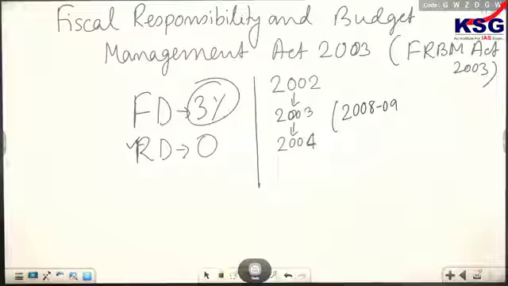Reduction of revenue deficit to zero level by 2008-9, with an annual reduction target of 0.5% of the GDP per year.